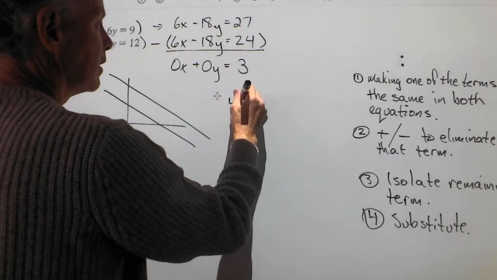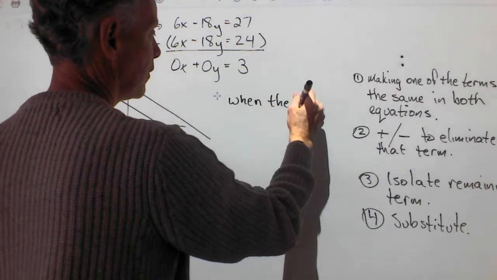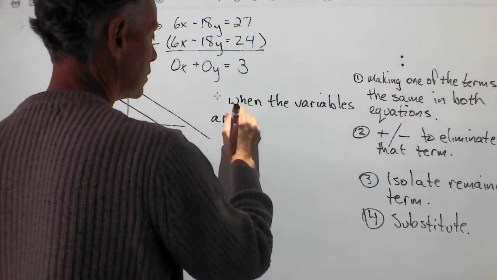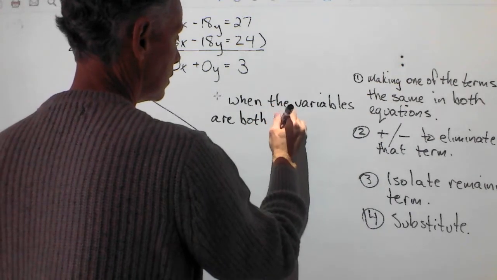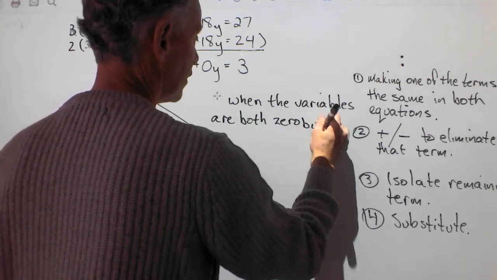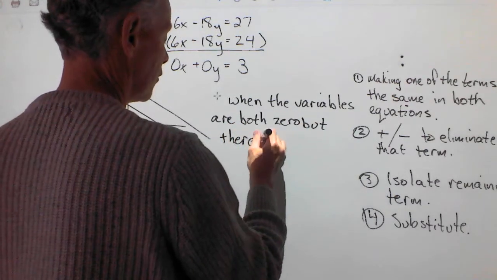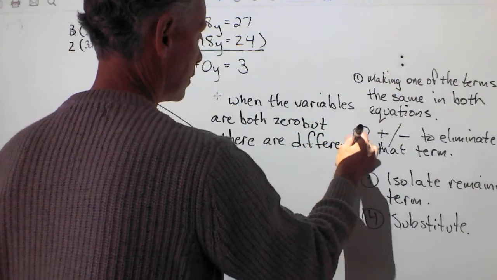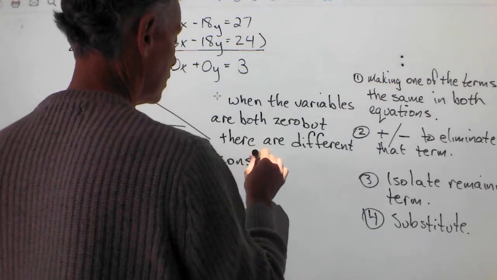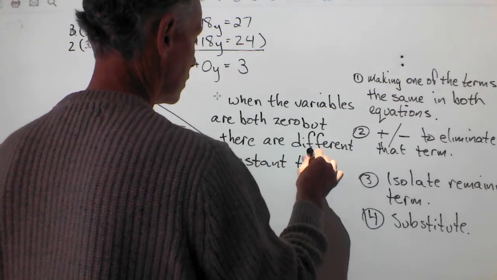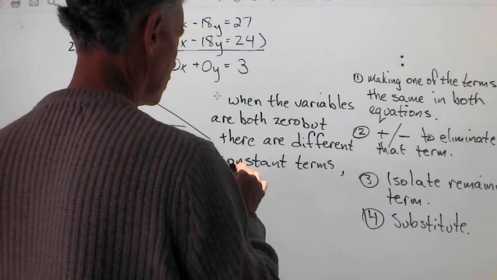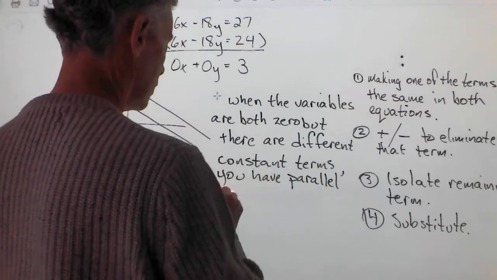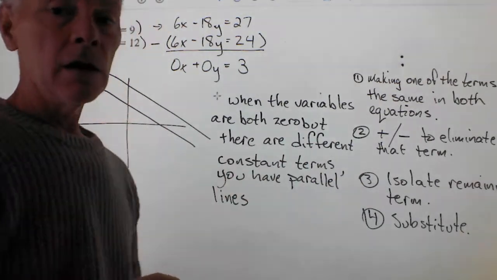So, when the variables are both 0, but there are different constant terms, you have parallel lines, and since they're parallel, they never meet.